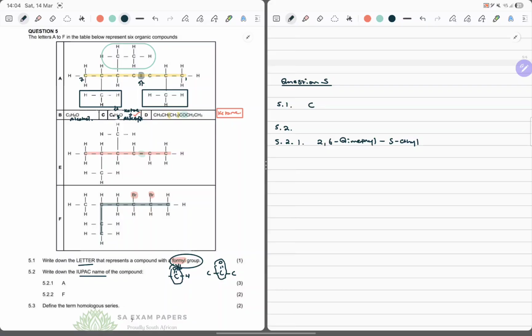Hey, now this is a bit of a problem. Who comes before who? Now I'm thinking about M and E. But does the D of di change everything? Yeah, this is where it gets a bit hot, I think. Because we have a di there. Does the di take precedence over ethyl?